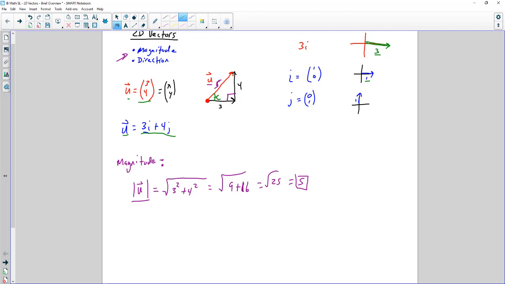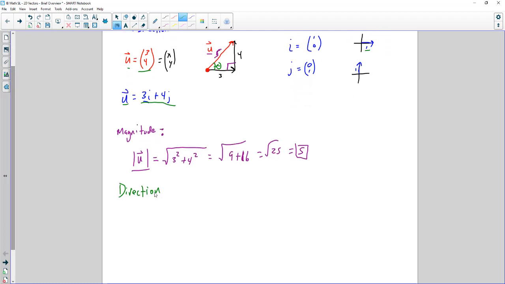So if we call this angle theta, how do I find that? Well, this is pretty straightforward. Let's just talk about direction really quick, just for the sake of argument. The direction is really easy for this case. The components create basically opposite and adjacent sides. This is a tangent, basically.